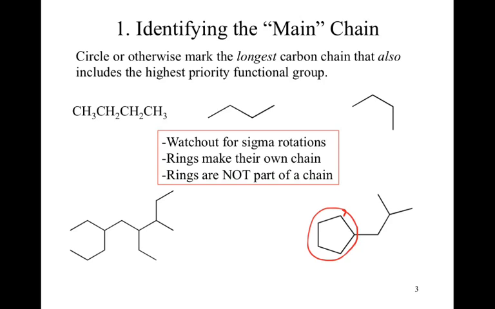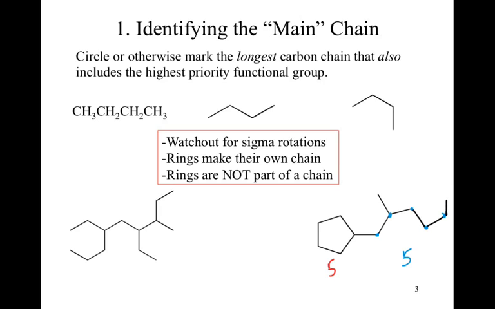If for some reason we had changed this structure and I'd added, say, 2 carbons out here, well, now what happens? I would have had 5 carbons in my ring structure, and I would have had 1, 2, 3, 4, 5 carbons in the external structure. So we have a tie situation here. We can decide to go either way. We can name either the blue or the red as our main chain.